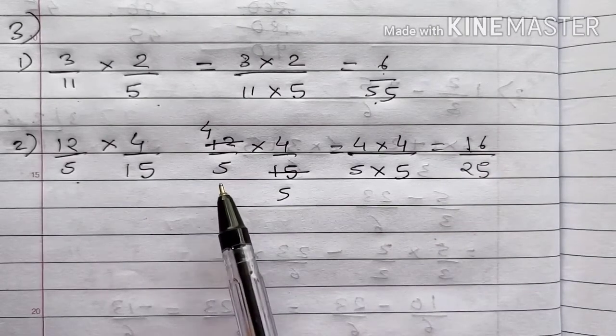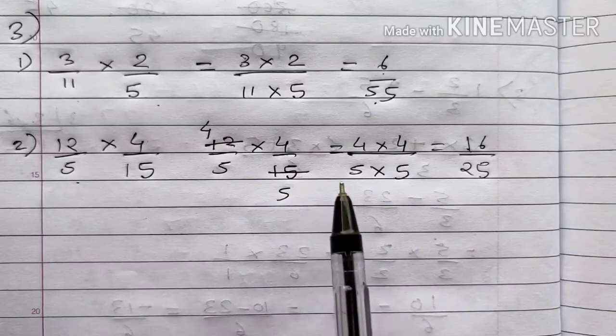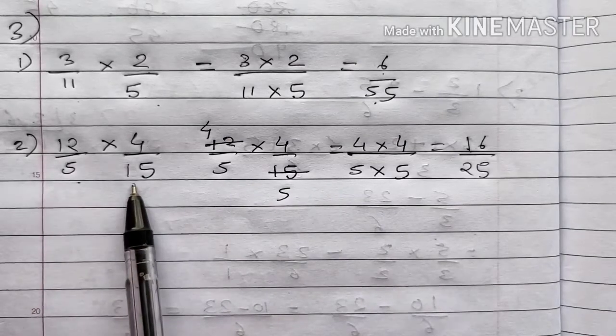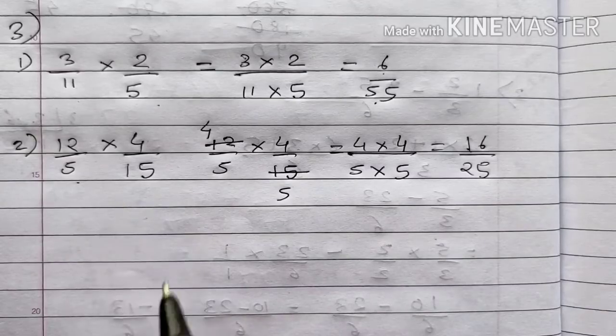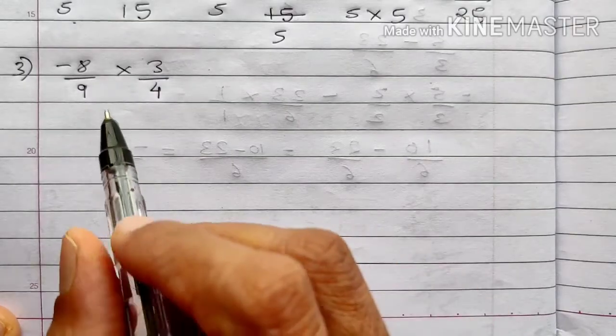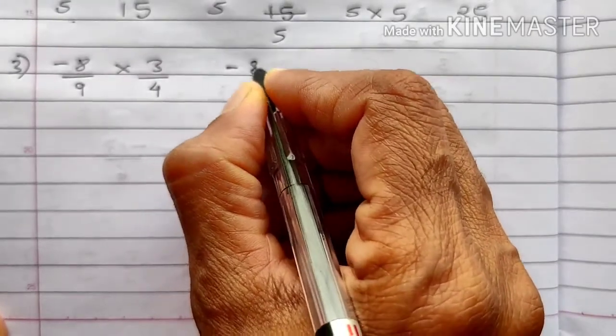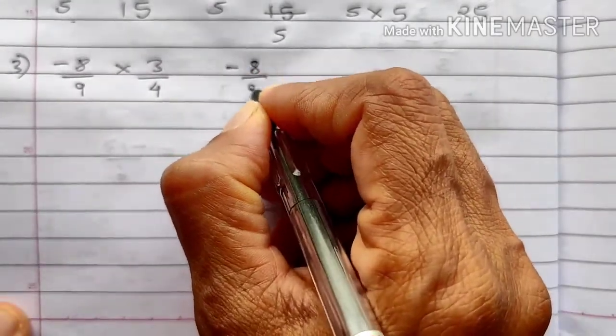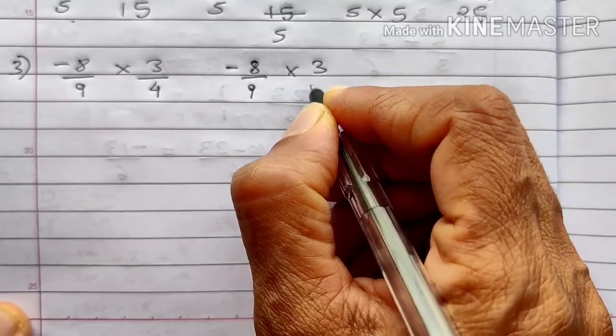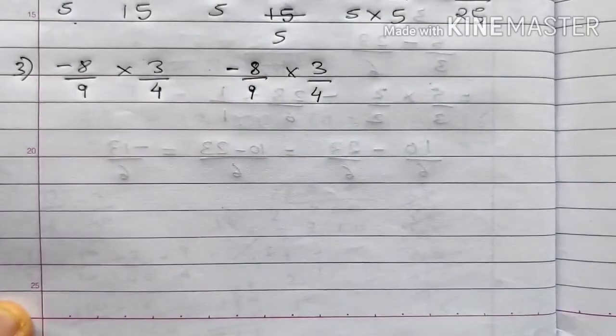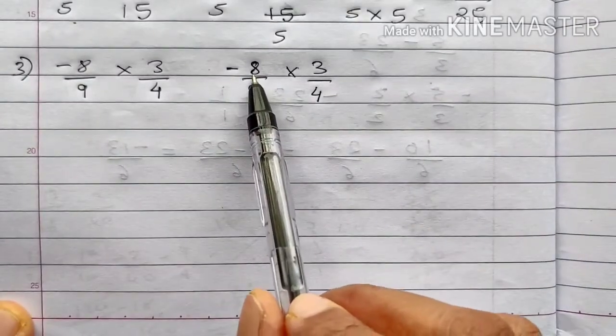In multiplication, remember, it is unlike addition and subtraction. You have to multiply the denominators. That's the difference. The next one is minus 8 upon 9 into 3 upon 4. The method still remains the same. Let's find if there are any common multiples. You have 8 and 4.